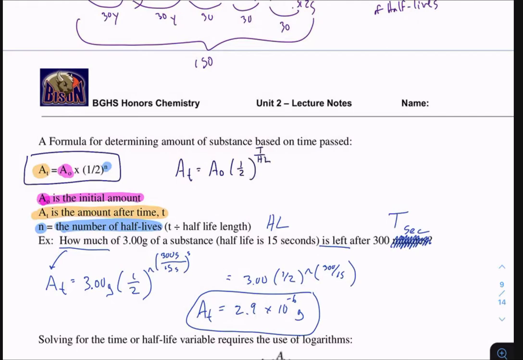How many variables do you see in that equation? 4. There are 4. Which means there are 4 ways for this equation to eventually be rearranged. Now, this is the first one. The second one involves just rearrangement with a little bit of algebra. And so what variable would I be solving for by simply dividing?